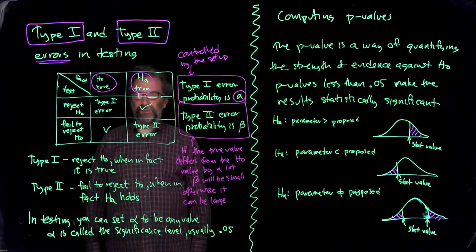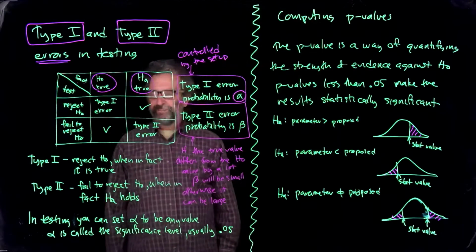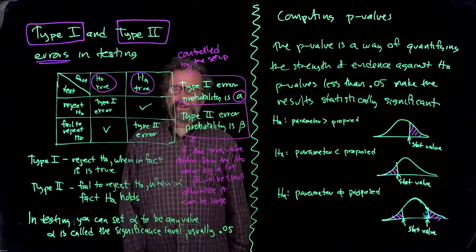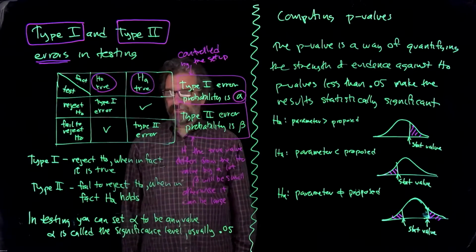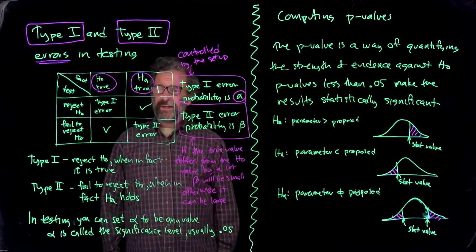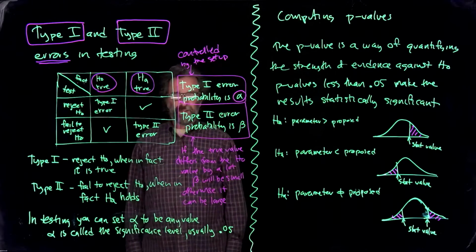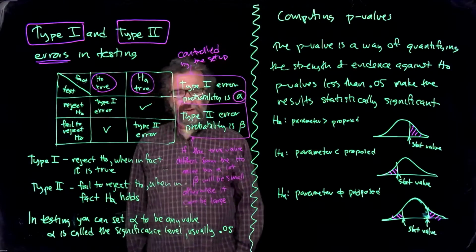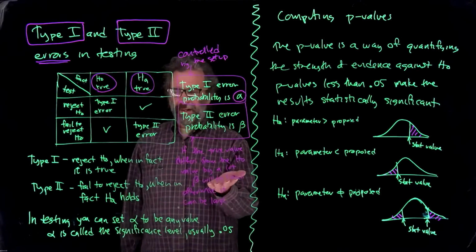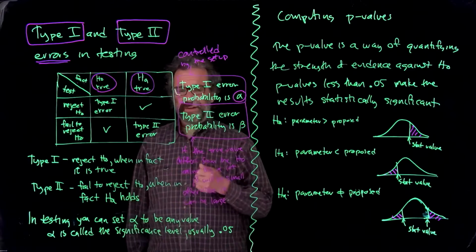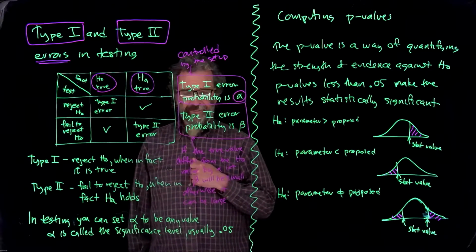So you might think, well, maybe I'm doing coin tossing and I think the frequency of heads is 50%. I'm going to toss the coin 100 times, and then if I get much different from 50%, I'm going to say the coin's not being tossed fairly. So if the person tossing the coin is pretty close to being fair, but consistently a little bit unfair, then the null hypothesis is false, but you won't detect it.